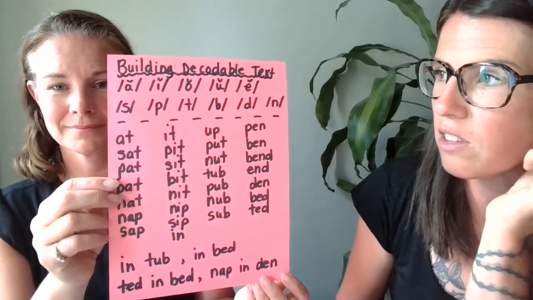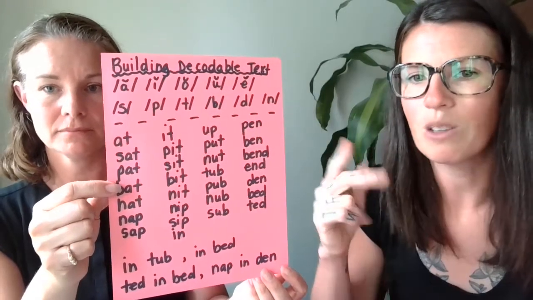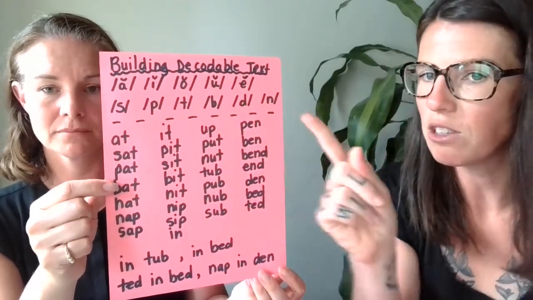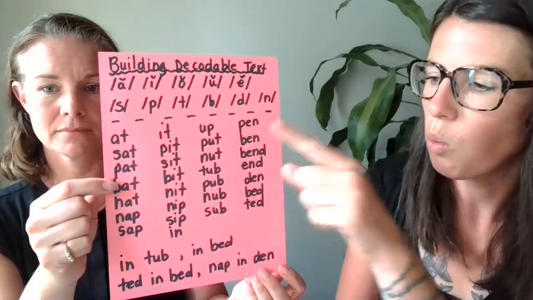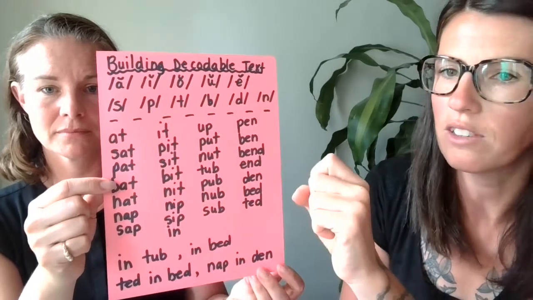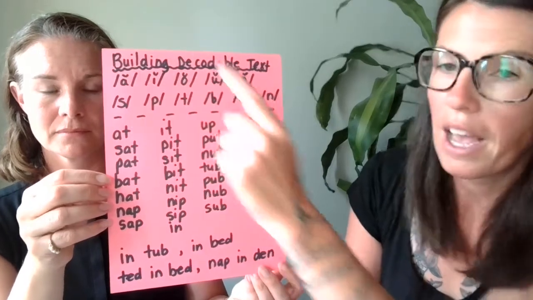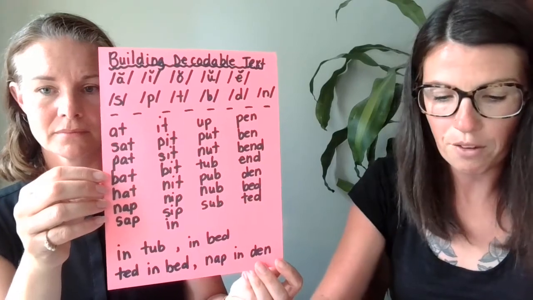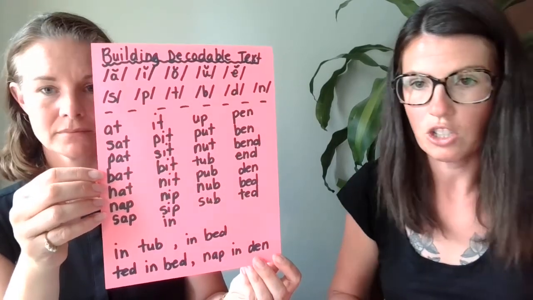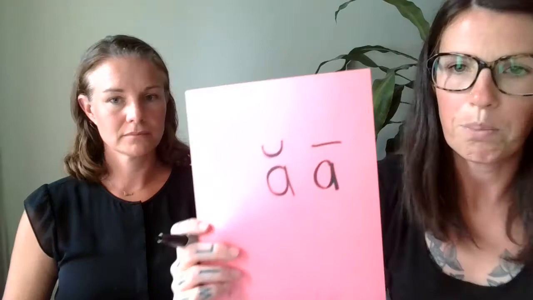Up here, you can see that I have the letters with slashes on them. The slashes represent the sound. So these are not letters, these are sounds. I've created words and phrases using those sounds. At the top, I have a little mark on top of the vowel, which represents a short vowel sound, and if I had put a line, it would represent a long vowel.